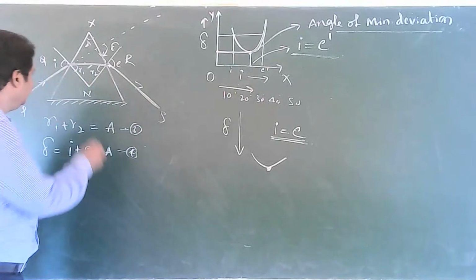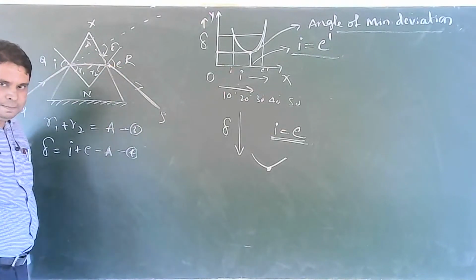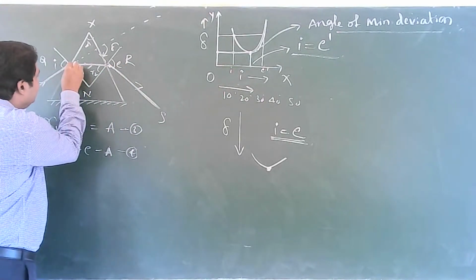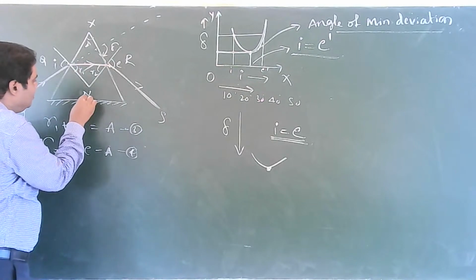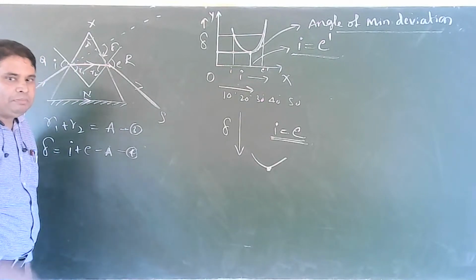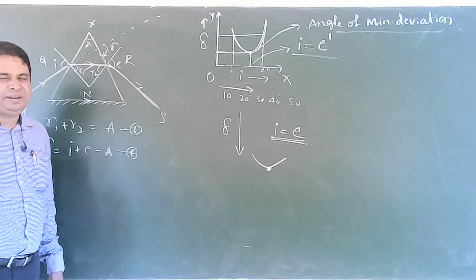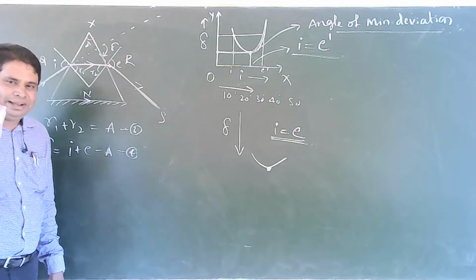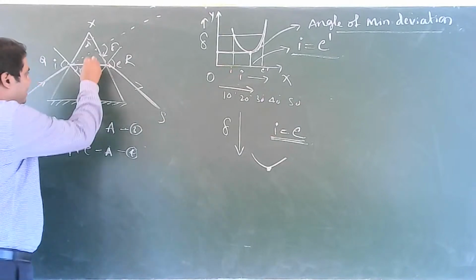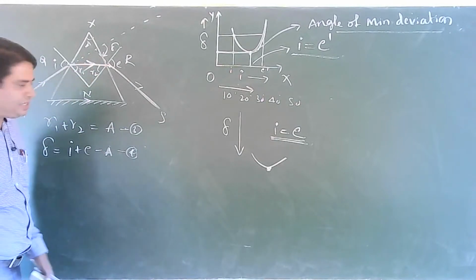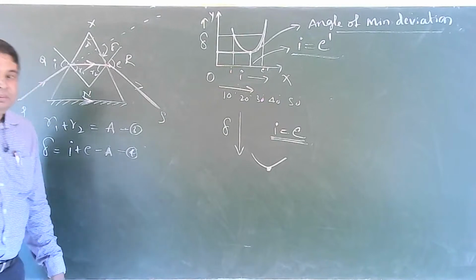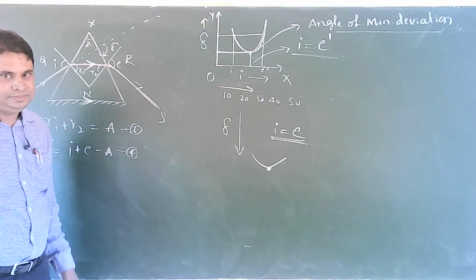At the angle of minimum deviation, this angle I will be equal to angle E, and the refracted ray will be parallel to the base of the prism. Very important condition. At the angle of minimum deviation, the refracted ray inside the prism will be parallel to the base of the prism.